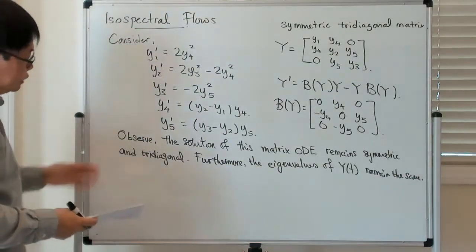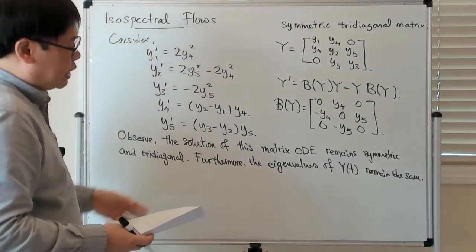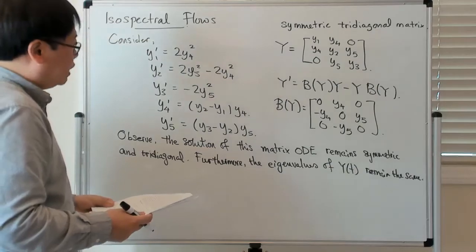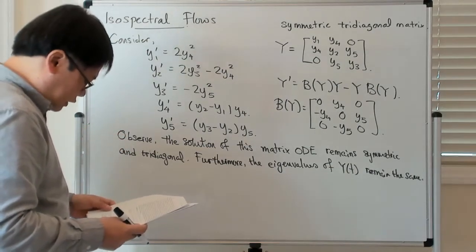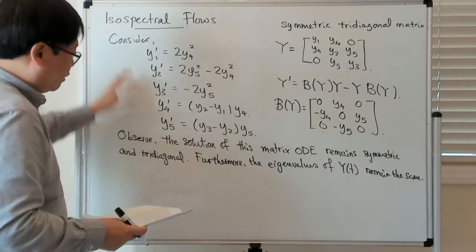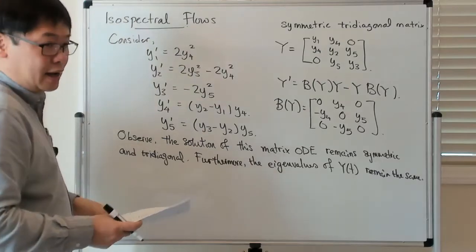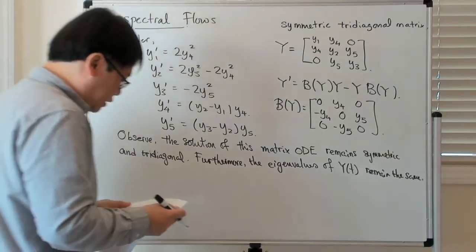All right, so if it was just this particular system of equations which had this property, you might not be too concerned about this, but it turns out that there is a nice generalization, where you still have this isospectral property. Okay, so let's look at that.